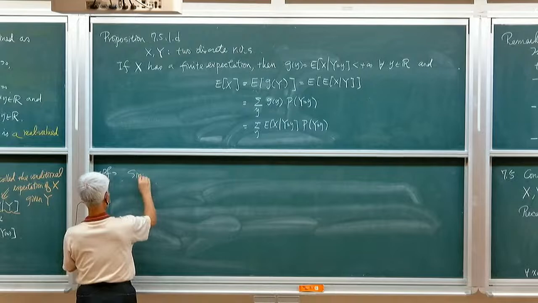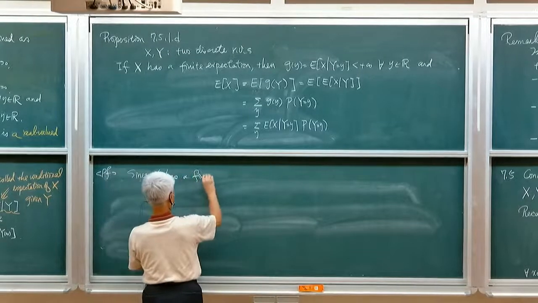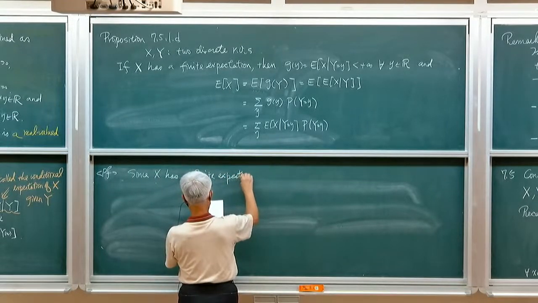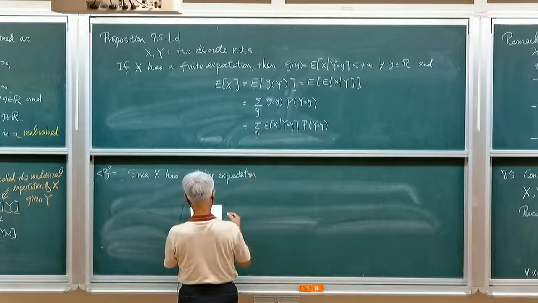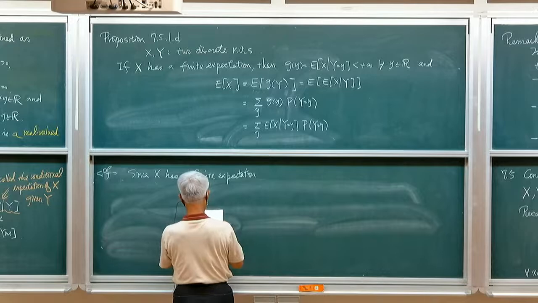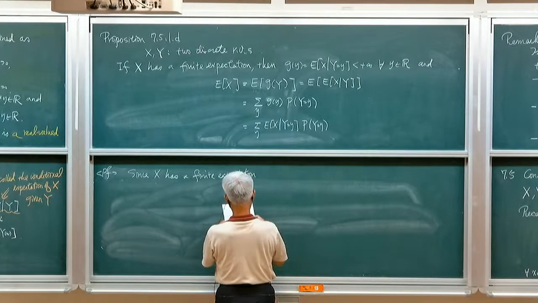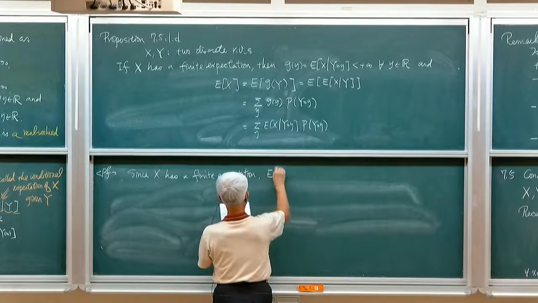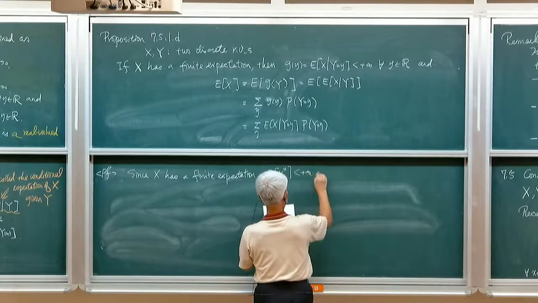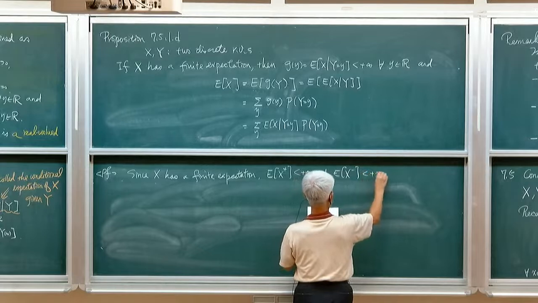All right, since X has a finite expectation, the positive part is finite, and the negative part is finite again.